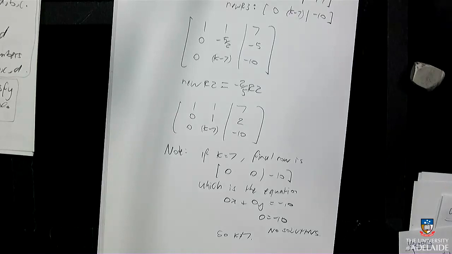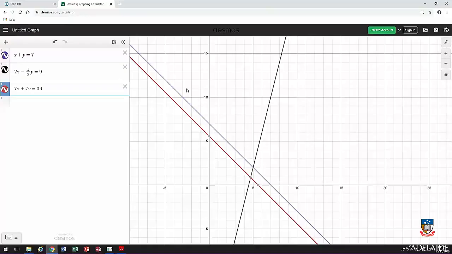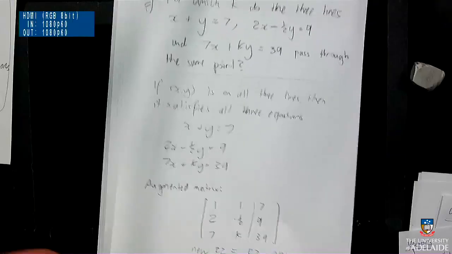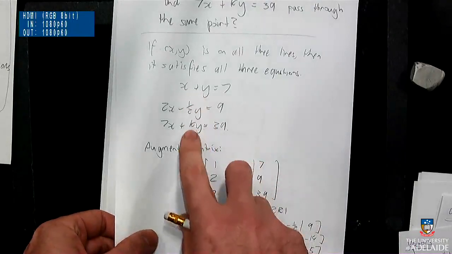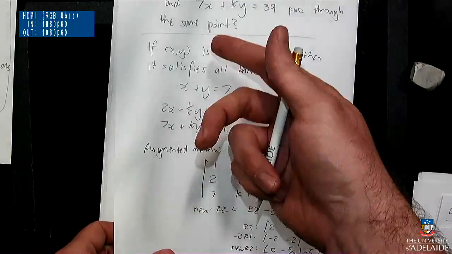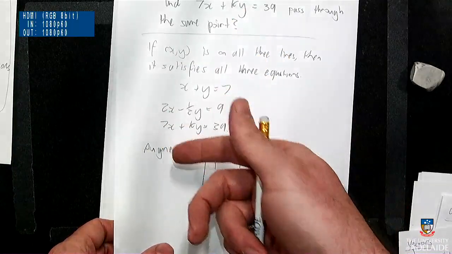Just going to type some things in the computer. That's what the 3 lines look like. Yes, okay. Actually, they're parallel. Oh, of course they are. Look, the original equations, if we've got x plus y equals 7, 7x plus 7y, that'll be parallel to the original one because it's times 7.